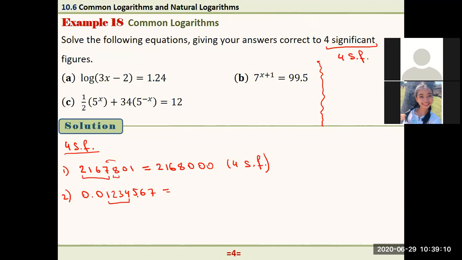As you see here, after 4, the next number is greater than 4 again. So I should add 1 to the previous digit and just drop the rest, because these digits are after the decimal point, we don't have to keep them as zeros. So the answer will be 0.0123, because of this 5. That is the 4 significant figure representation of the given number.